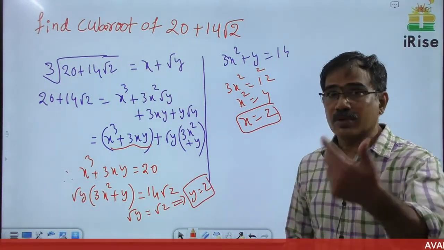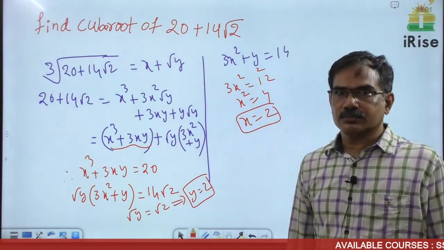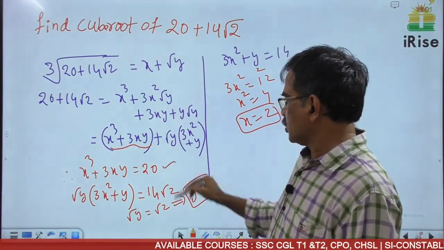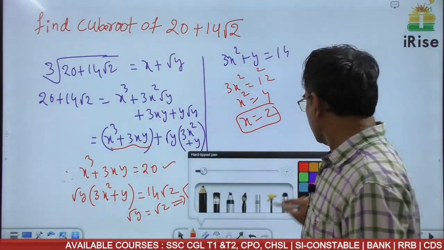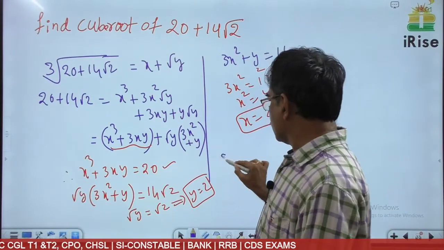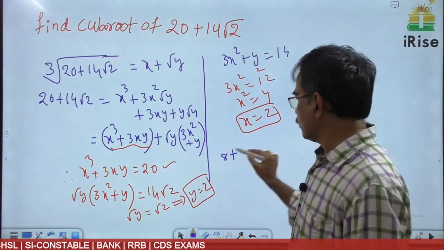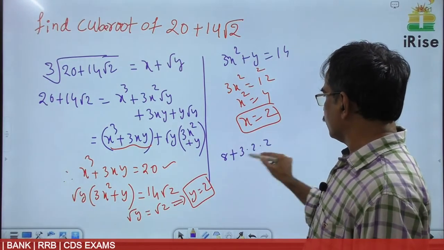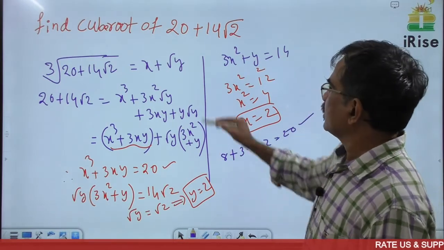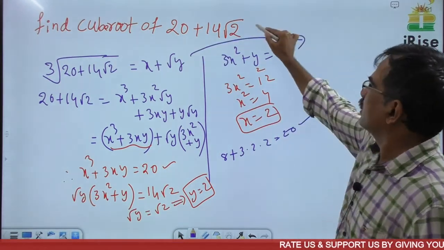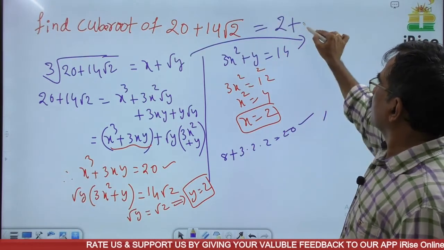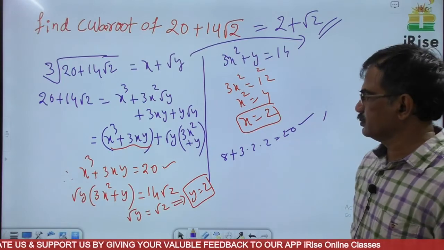This may or may not be the answer. You have to check these two in the original first equation. Put x cube, that is 2 cube, 8, plus 3xy, 3 into 2 into 2, which is 12, plus 8 is 20. Satisfied. If it is satisfied, then the answer for this question is x plus root y, that is 2 plus root 2.